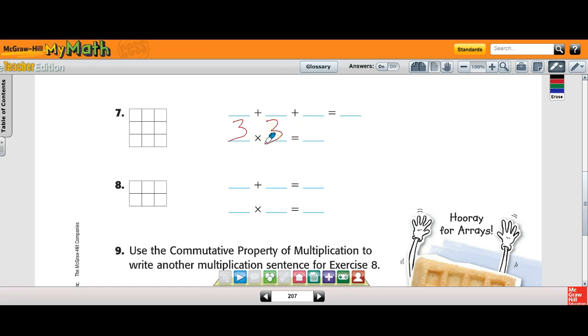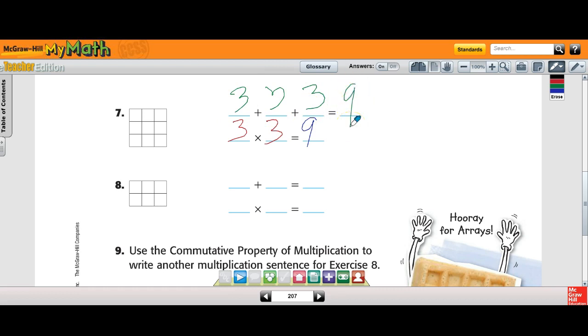Yes. Okay. Keep going. And if you multiply them, it equals 9. Great. What do I do for my addition sentence? For your addition sentence, we do 3 plus 3 plus 3, and that equals 9.